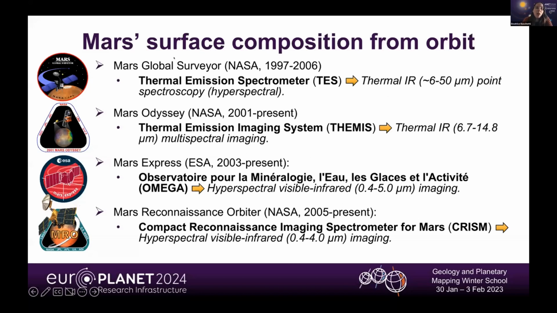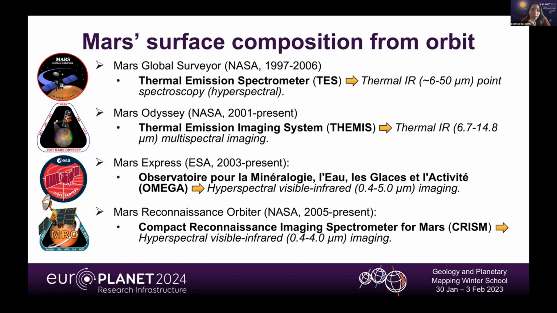So first we have the Thermal Emission Spectrometer, which was on board the NASA Mars Global Surveyor. That is a thermal infrared spectrometer, and it works on the wavelength range from 6 to 15 microns.